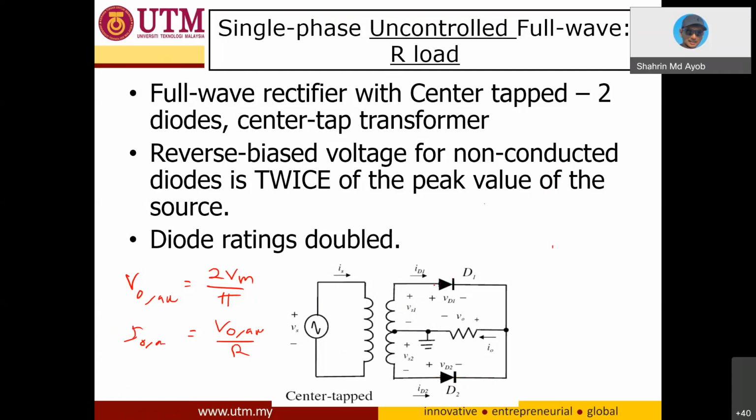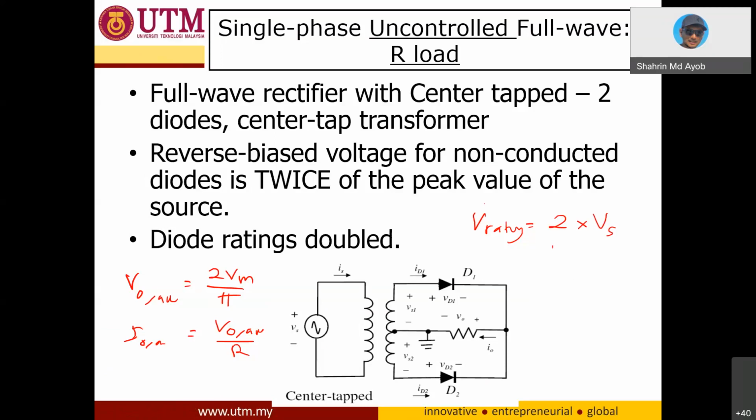It uses only 2 diodes, while the full bridge uses 4 diodes. But the only limitation of this center tap is that the V rating is twice the V source. If compared to the full wave, the V rating is equal to the V source.